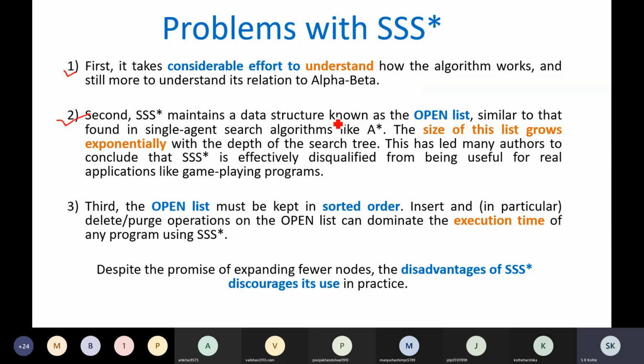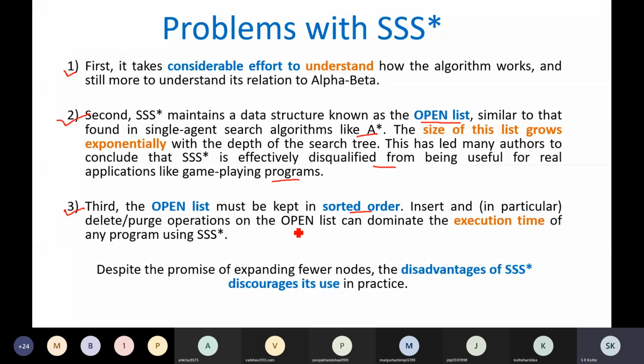Second, this algorithm maintains a data structure as we have seen, the open list, which is a priority list, like A star. Size of this open list grows exponentially. This has led many authors to conclude that it is effectively disqualified from being useful for real life applications. Third, the open list must be kept in sorted order.